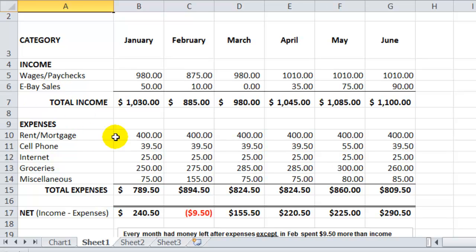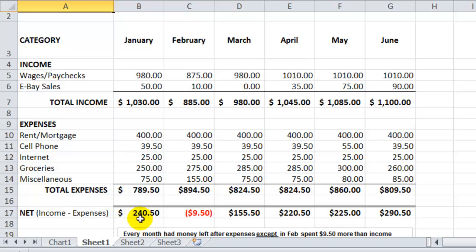And then all of the expenses, again, each category, and these are actual numbers. The total expenses are listed here in row 15. So the difference, how much money was left after all the money came in and all the bills were paid, or the expenses, is the net.